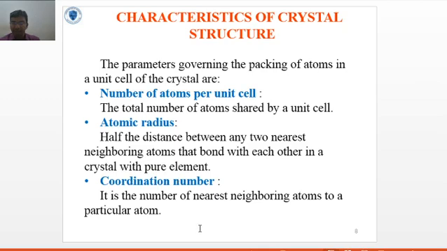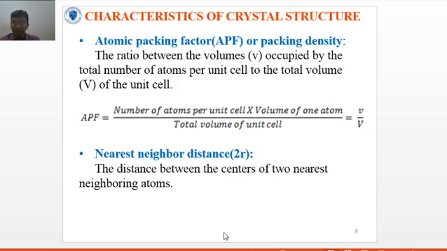Coordination number, the number of nearest neighboring atoms to a particular atom. Atomic packing factor or packing density, the ratio between the volume occupied by the total number of atoms per unit cell and the total volume of the unit cell. APF equals small v by capital V. Nearest neighbor distance, the distance between the centers of the two nearest neighboring atoms.